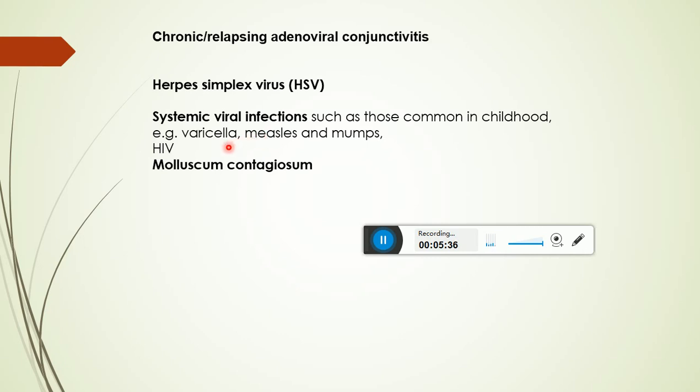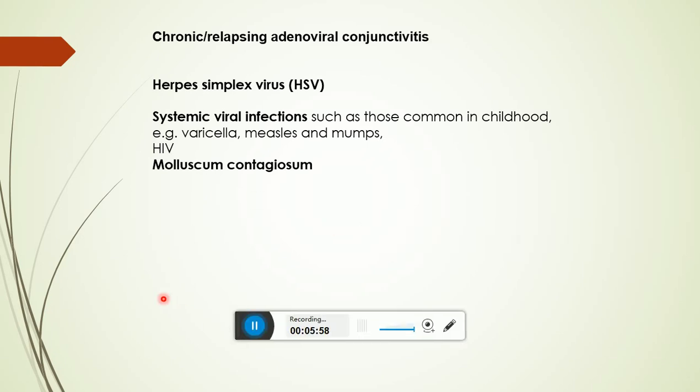HIV can also cause conjunctivitis. And there is molluscum contagiosum. It is also a pox virus disease, and it affects healthy children between 2 to 4 years. Transmission is by contact with auto-inoculation.